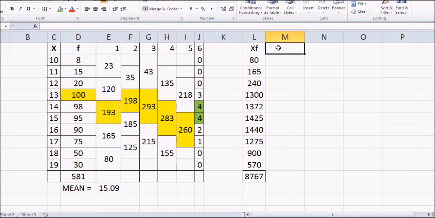Next, to calculate the median, let me do it here. I need to find the cumulative frequency. The cumulative frequency in the first one is 8. The second one would be the sum of 8 and the next frequency, which is 15, and so on.